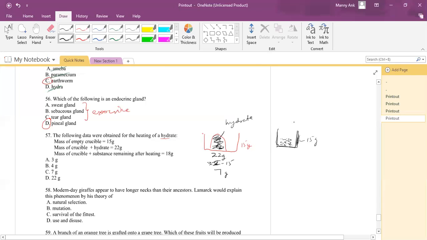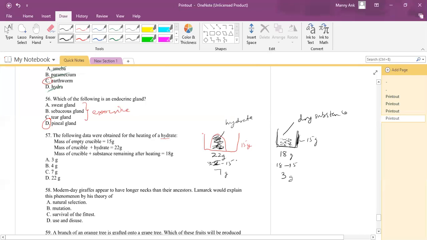What will be the weight of the anhydrate or the dry form? The total weight here was 18 grams. So to get the weight here is 18 minus 15. So it weighs 3 grams. So this was 7 grams, this was 3 grams.